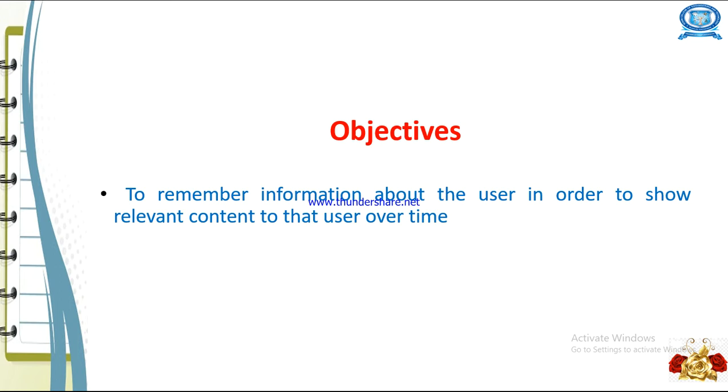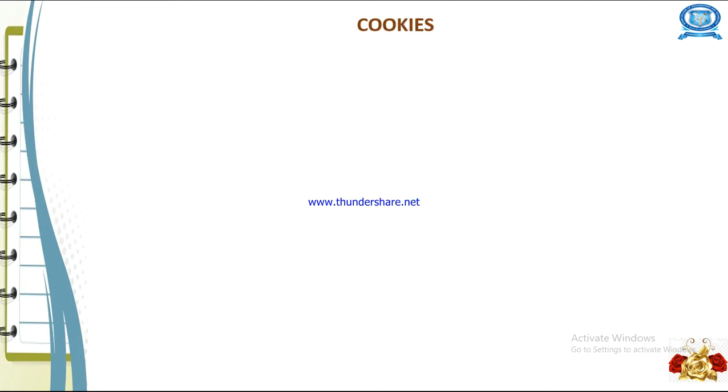So the server knows, this user has already logged in to me before. It remembers the information about the user in order to show relevant content to that user. That is the main objective of these cookies.